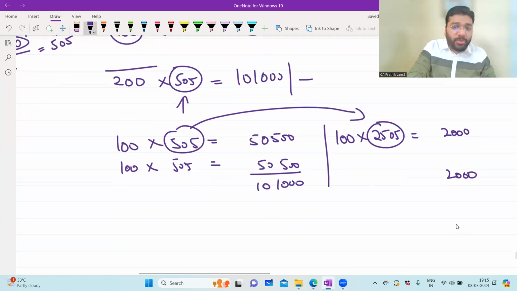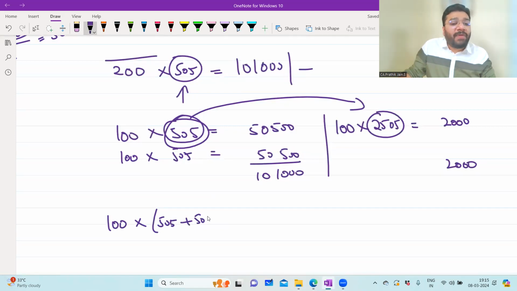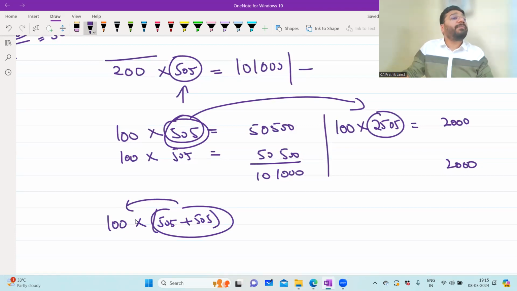In other words, you can take this way also. Sir, I am not assuming 505 here. 100 into 505 for 1 share plus 505 for the remaining 100 shares, because this amount totally I invested for 100 shares. So total investment is how much? 1 lakh 1,000 for first 100 shares which Akhil purchased.